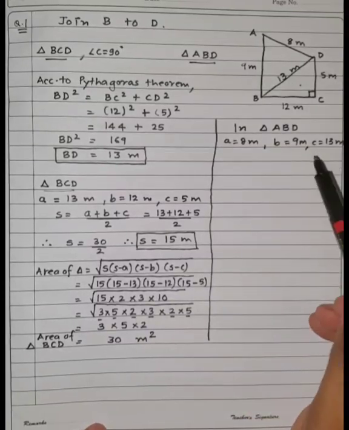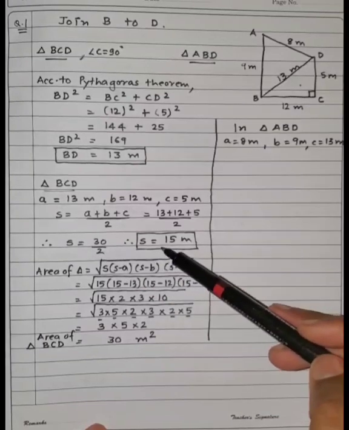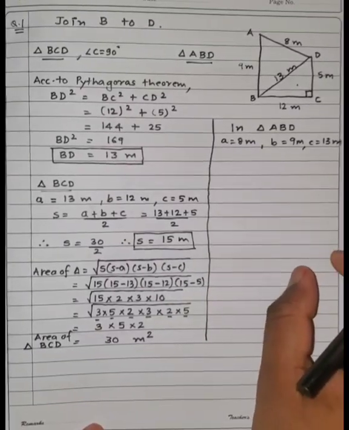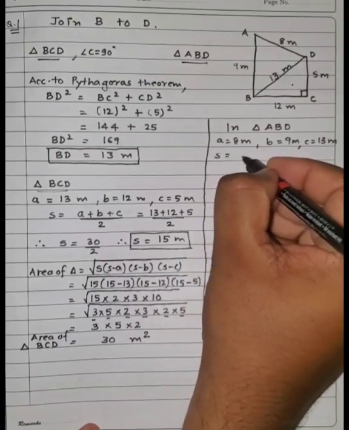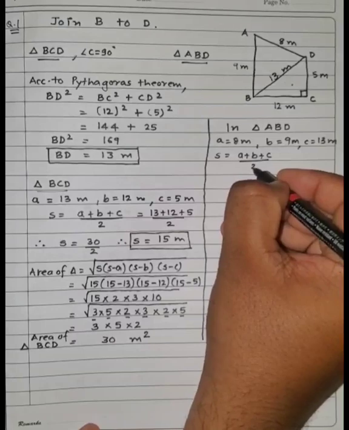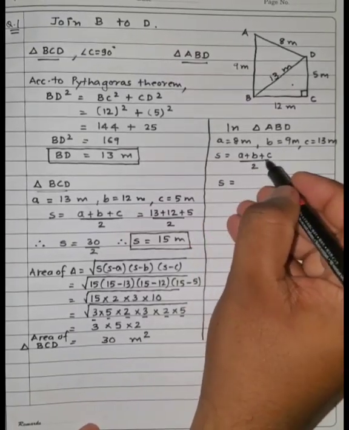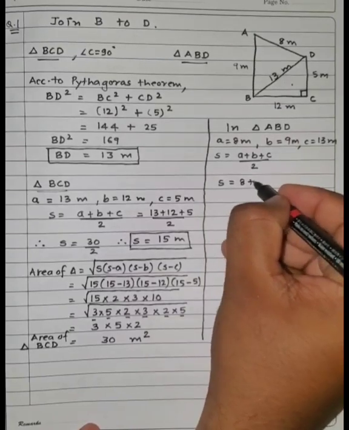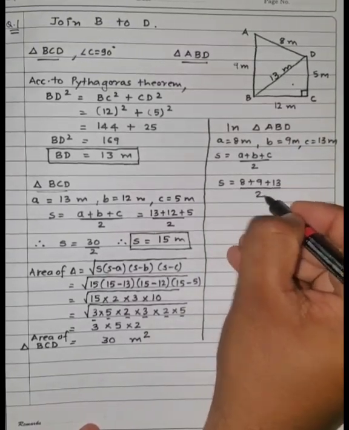So as we did with this triangle, after knowing the sides, what do we find? The semi-perimeter. So semi-perimeter is the sum of all the sides divided by 2. So semi-perimeter is a plus b plus c, that is 8 plus 9 plus 13 divided by 2.